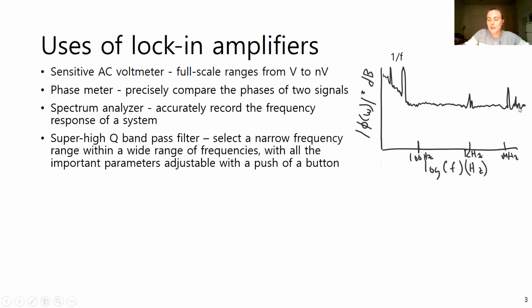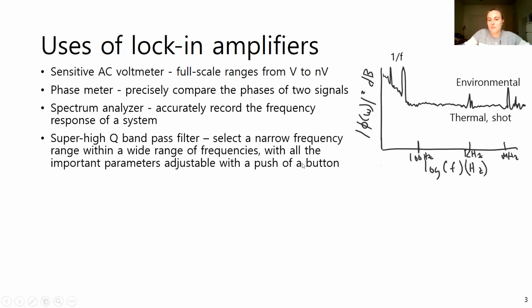This offset here in the noise spectrum, greater than 100 Hertz, what's the contribution of this constant offset? Thermal noise. Yeah, so there's thermal noise, and what other white noise source was there? Shot noise. Yeah, so that's thermal and shot noise. And then these little peaks, what source of noise is that? Environmental noise. Yeah, that'd be environmental noise.